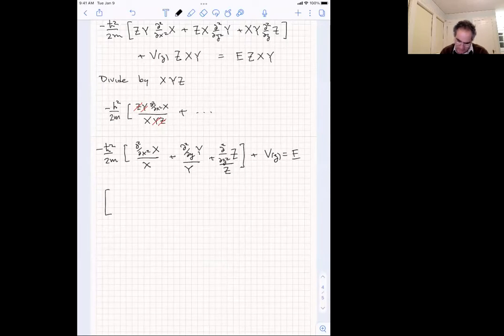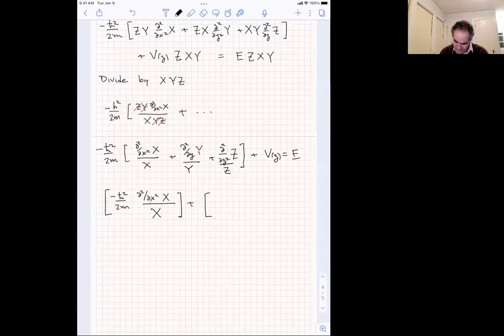So first we'll have all the terms that contain the x function. That's one.